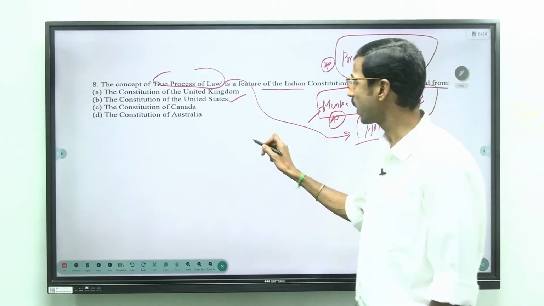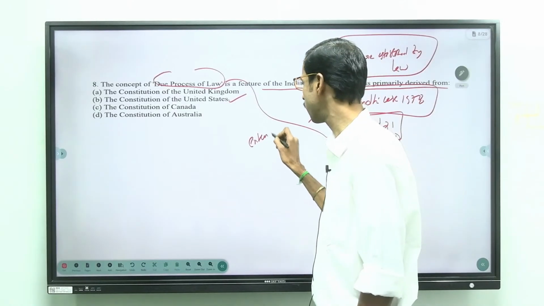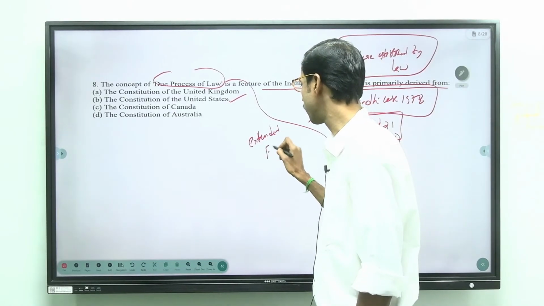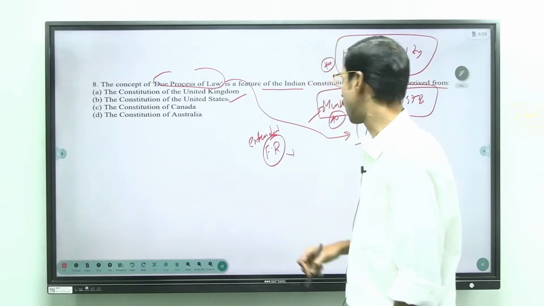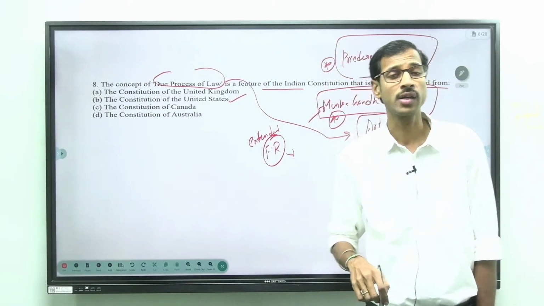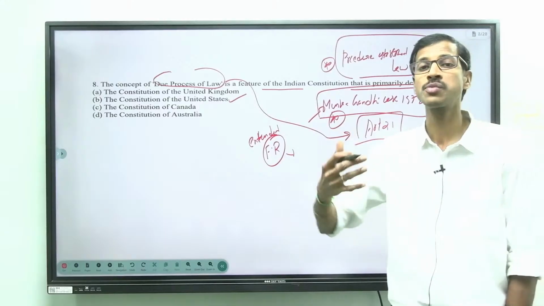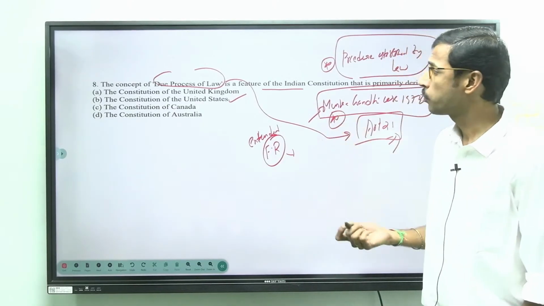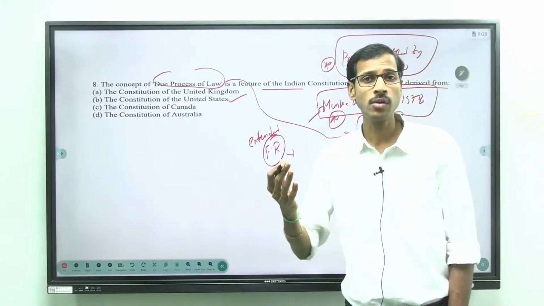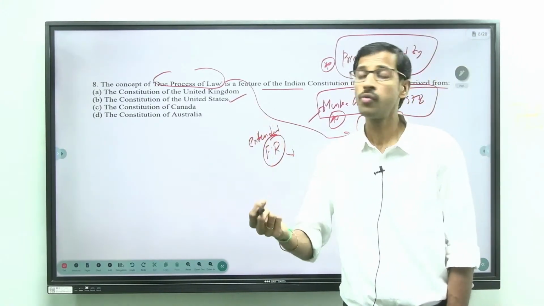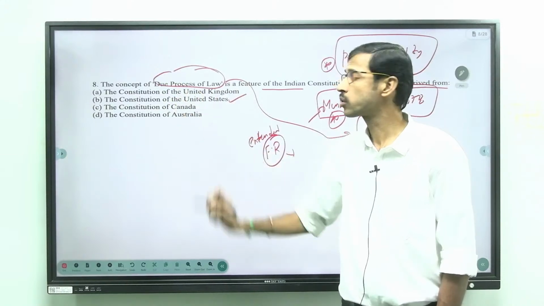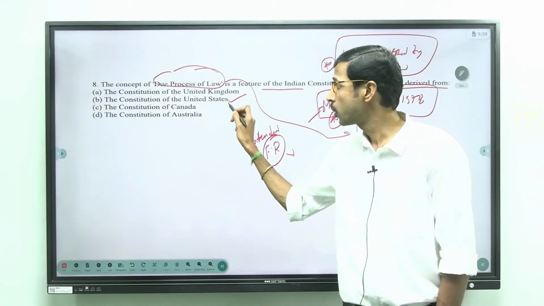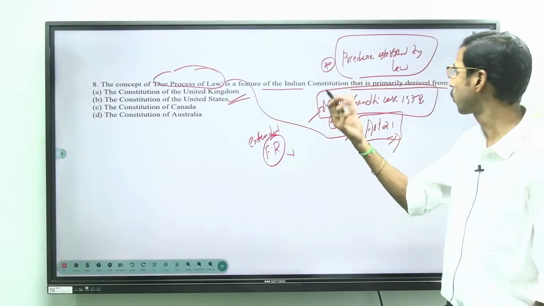So we extended or expanded the fundamental rights, right? Especially Article 21, the definition of the right to life, we expanded here. So that is the important issue. Other than procedure established by law, we continued with due process of law that was derived from the United States, right? We just borrowed from that.